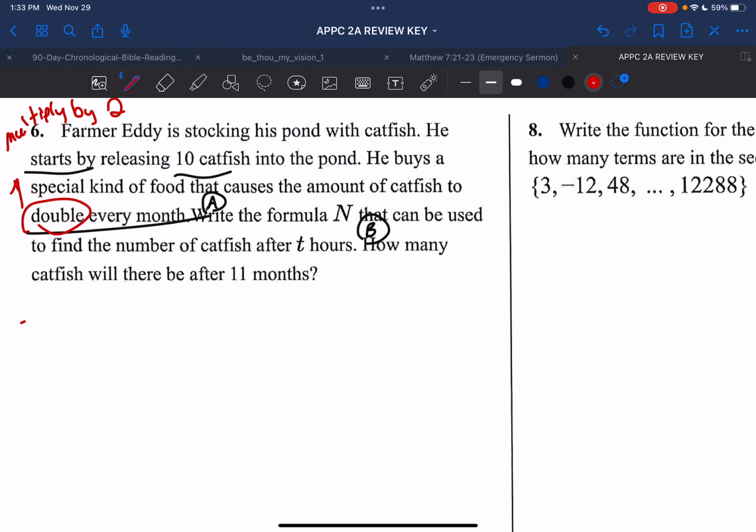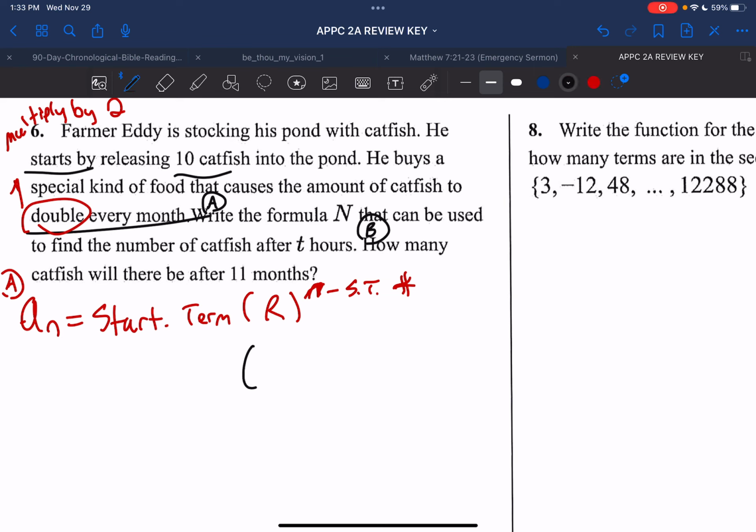So I'm just going to start by writing A of n, like for part A, I'm going to write out the formula for geometric. So now I know my ratio is going to be 2 because I'm doubling every month. I'm multiplying by 2. That's simple enough.